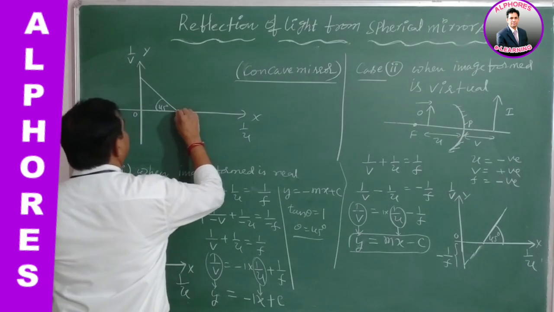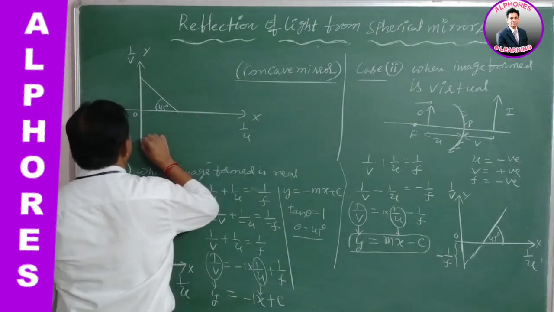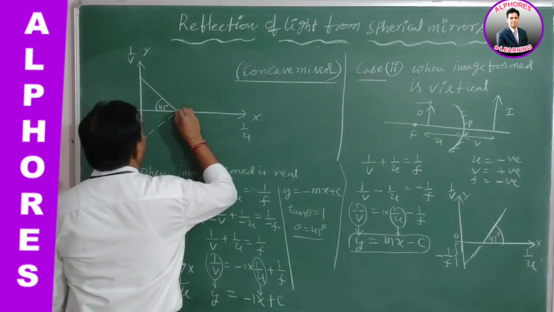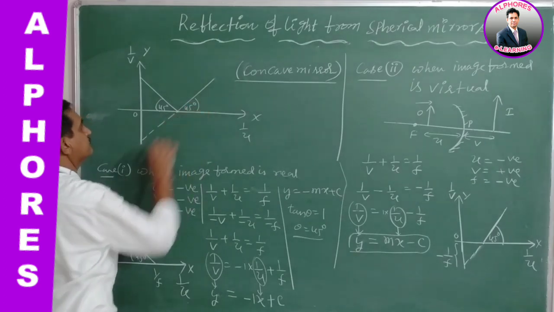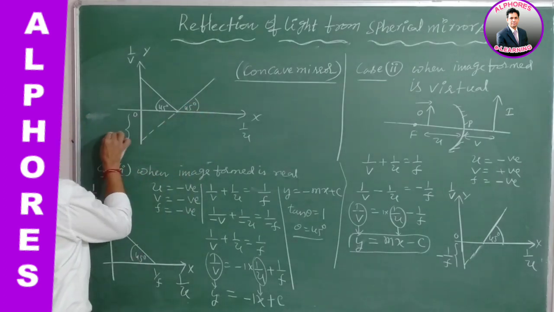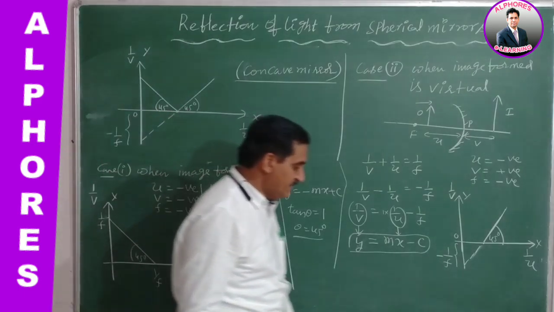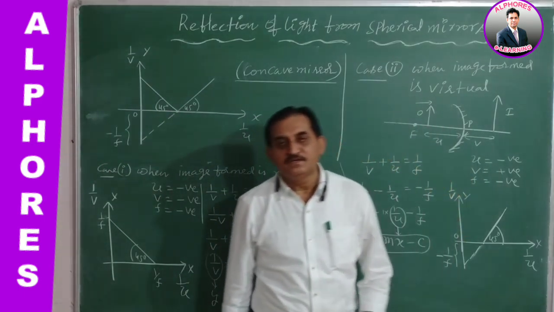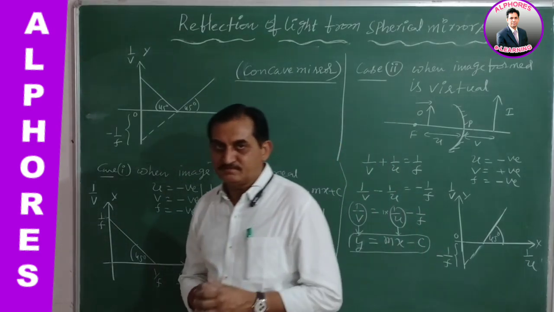And from focus to the pole, the object is moved and its corresponding image is this. This is also 45 degrees. And this part is minus 1 by f. So this is the way to understand the 1 by v, 1 by u graph for a concave mirror.